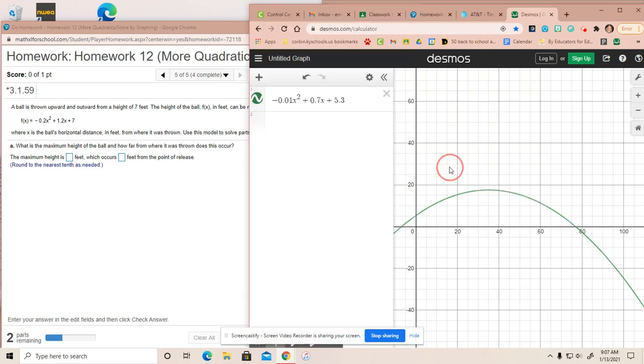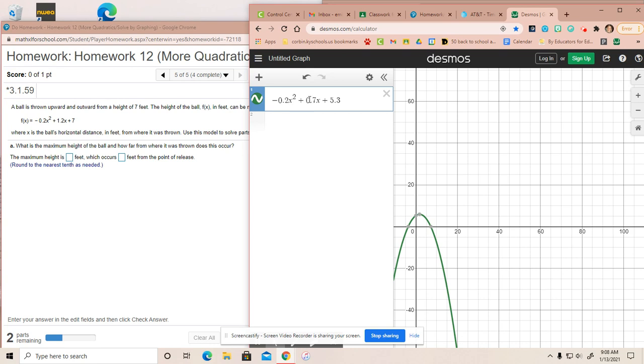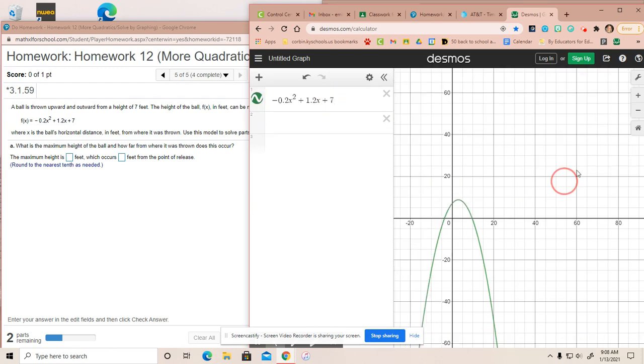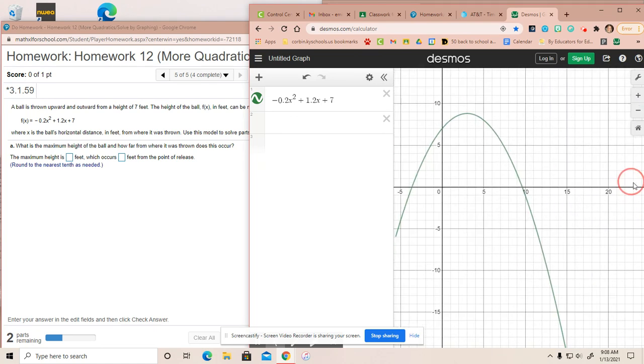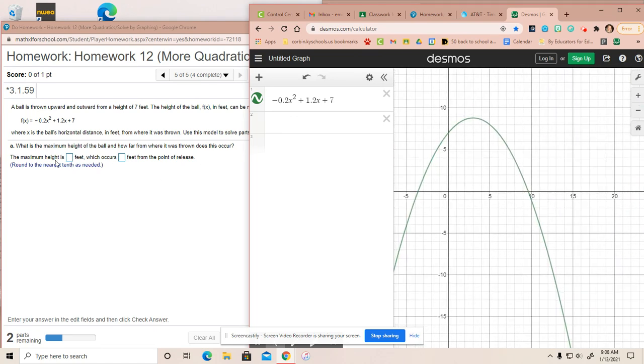Now the last one is very, very similar. I'm just going to edit my equation in here: negative 0.2x squared, and then 1.2x, and then plus 7 at the end. Okay, so here we go. I'll zoom it in a little bit. All right, so the maximum height, again, we find our maximum, looks like it's right here.